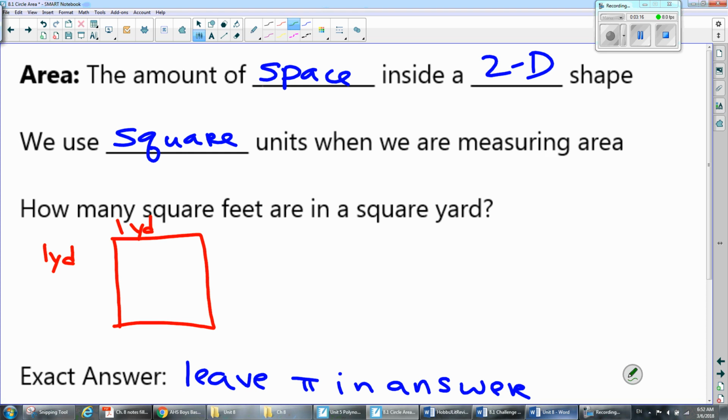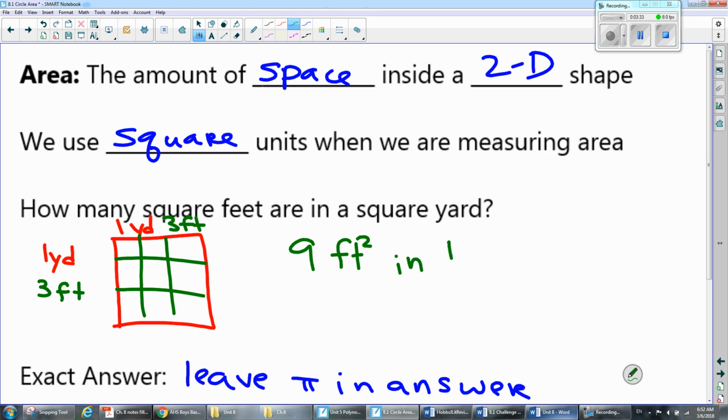A lot of people say that there's 3 square feet in a square yard, but really on each side there's 3 feet by 3 feet. So that really means that there's 9 feet squared in 1 square yard.